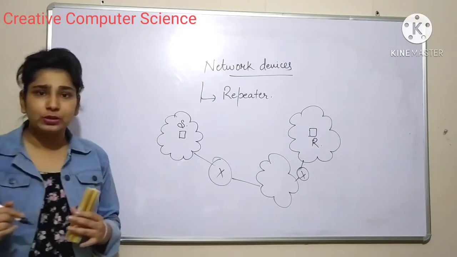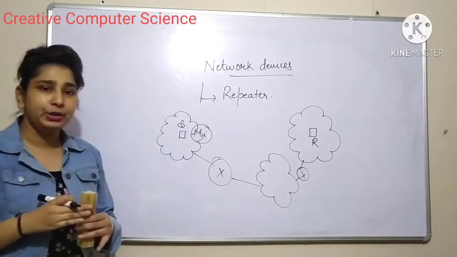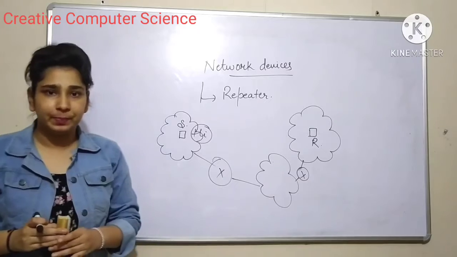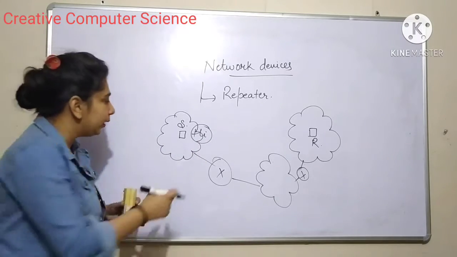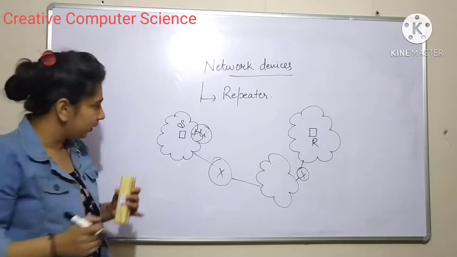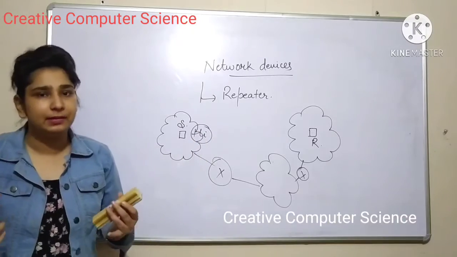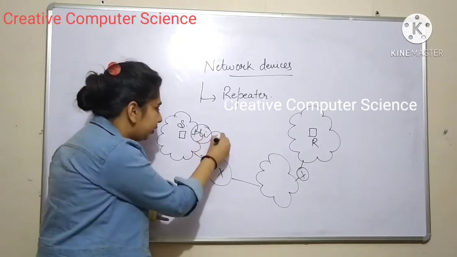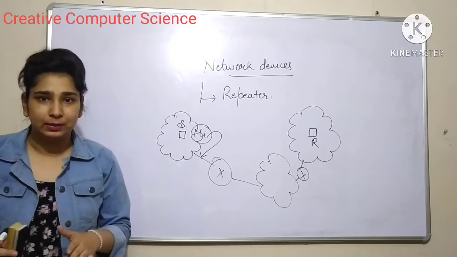Let's suppose the sender is sending the message "hi" to the receiver. This message is first converted into digital signals, and then we put the signal on the channel.